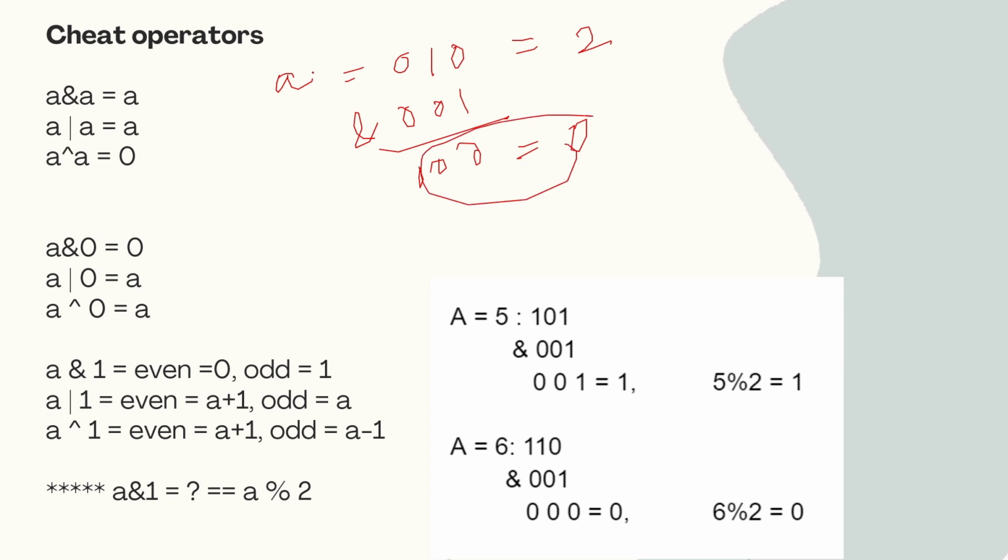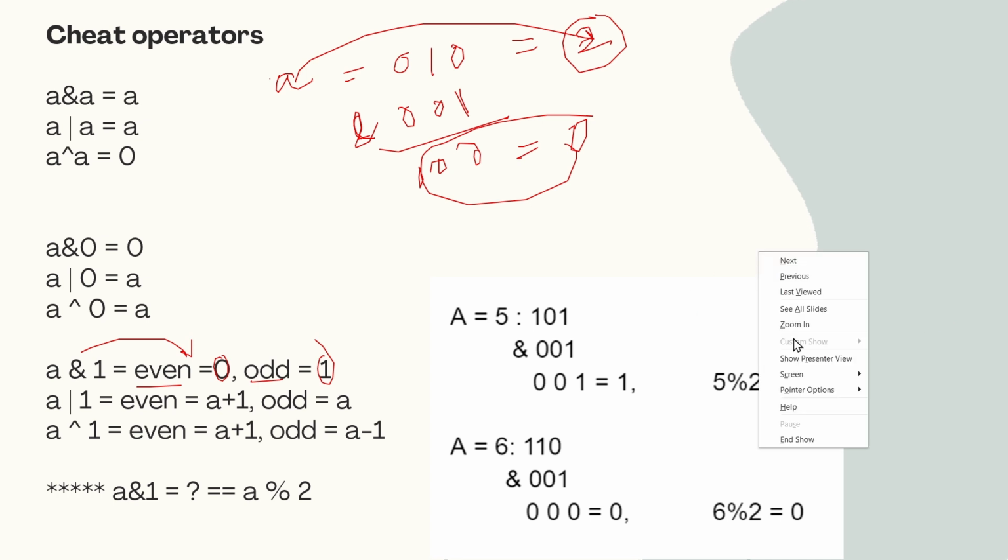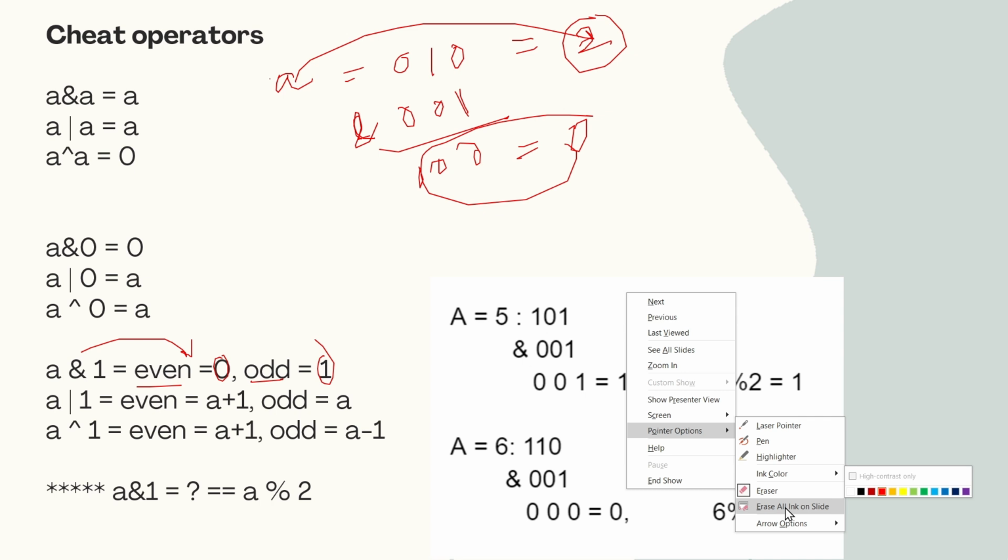So if A is an even number, and you apply the AND operation with 1, then you will definitely get 0. That's why I've written here: for the even case it's 0, for the odd case it is 1, right? So that is the idea of these cheat operators.